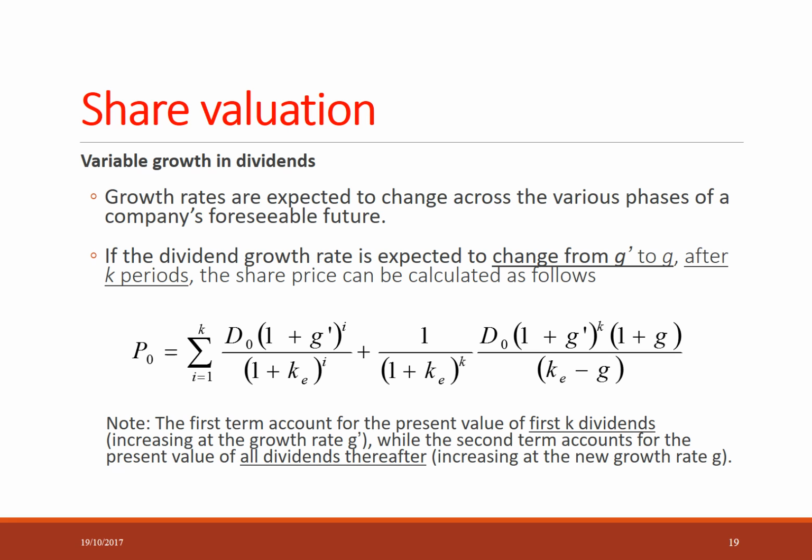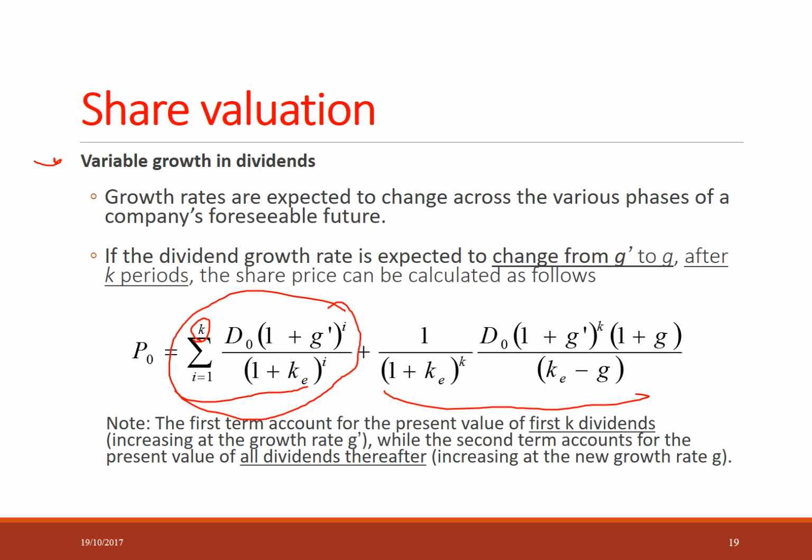Next, in the variable growth dividend model, what we have here is 2 components of the model. In the first component, we have variable growth rates, right? So from year 1 to year K, the growth rates in these years can be different.